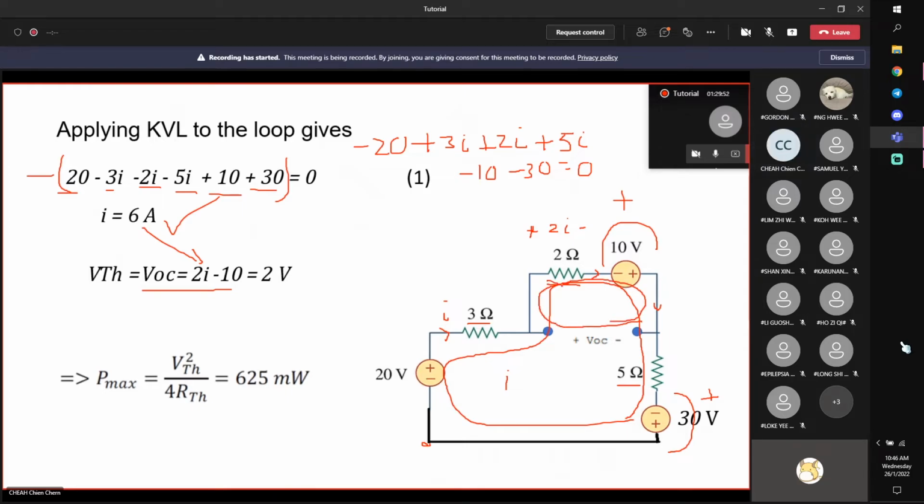One loop. Just focus on this loop. So from here to here, there's an increase in voltage. So right now, plus VOC. Increase. From here to here, there's a drop in voltage, minus 2I. From here to here, there's an increase in voltage, plus 10.